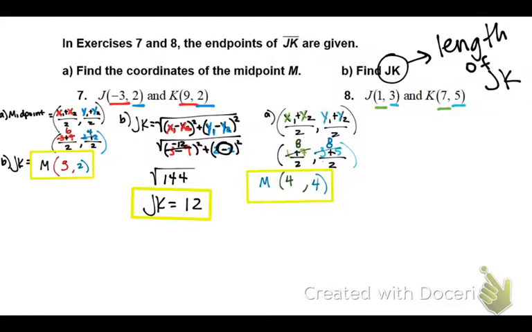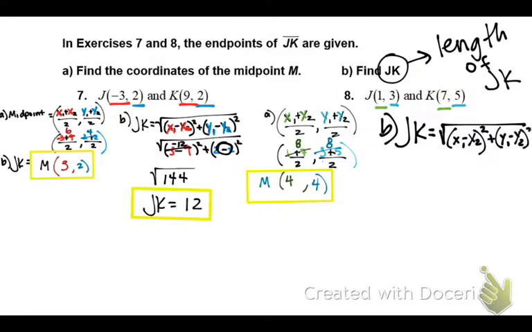Alright, so we got one more part, and it is part B, to find the length of JK. So again, we've got x1 minus x2 squared plus y1 minus y2 squared. Alright, so what's my first x? 1, and my second x? 7.